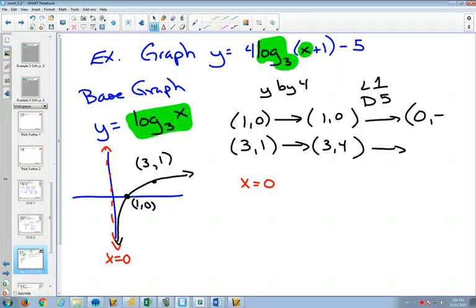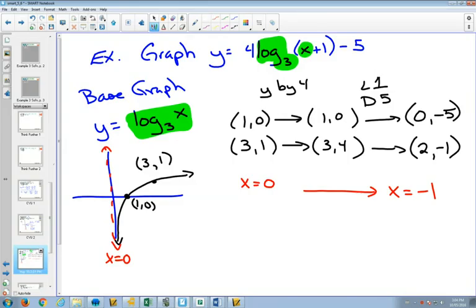So left 1 will get this to 0 minus 5, and here this will go 2, negative 1. What's the only thing that's going to affect an asymptote at x equals 0? Moving it left or right. We move left 1, so our asymptote is now going to be at x equals negative 1.